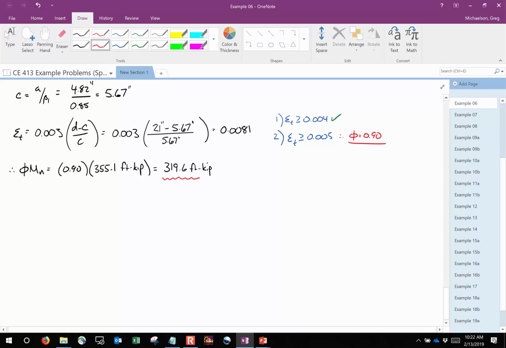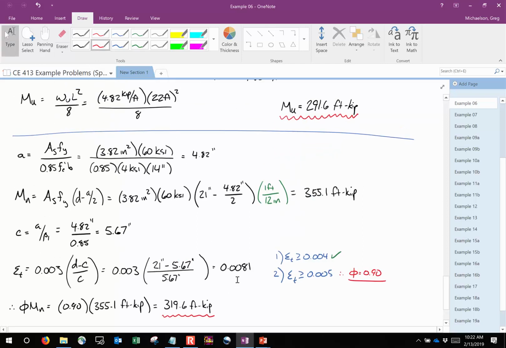So we would compare this to Mu. Is it safe? I'm not asking how efficient, just is it safe? Yeah, it's safe because this is the factored resistance. This is how much the beam can hold up. This is how much we're subjecting it to. So yeah, it's a safe design. That's pretty good. We'll look at its efficiency here in a little bit.